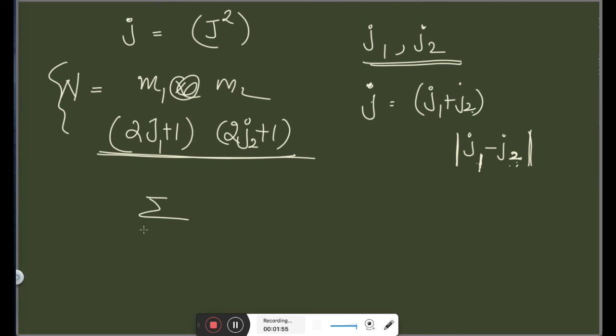Jm representation, you can see that you can take values for each j value. J is from mod of j1 minus j2 to j1 plus j2, and you can see that for every j you will have m values corresponding to 2j plus 1. Okay, so you are summing over all possible values of m, and for every j you have 2j plus 1 values, and j is varying from mod of j1 minus j2 to j1 plus j2.